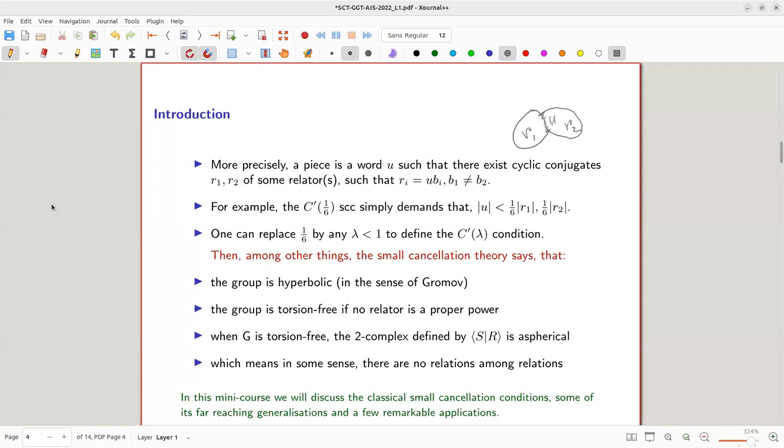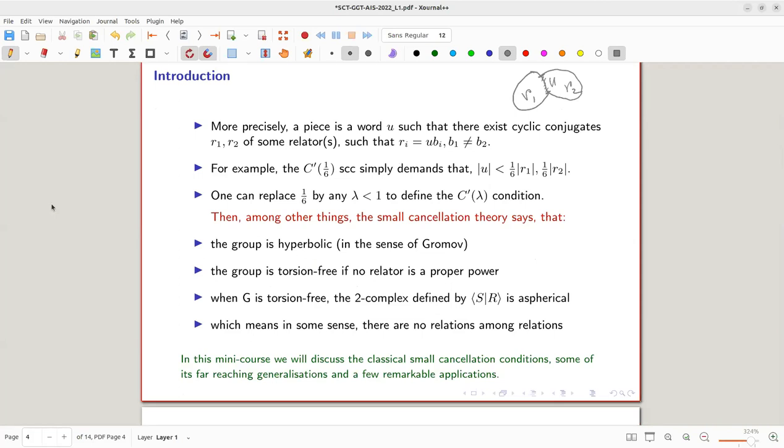And the C prime 1/6 small cancellation condition, SCC standing for small cancellation condition, is the most commonly known small cancellation condition. What it demands is that the length of this subword u has to be less than 1/6 of both of these relators.